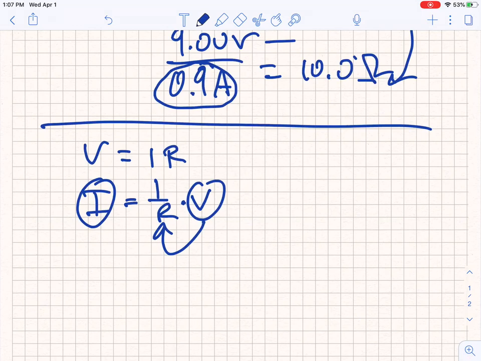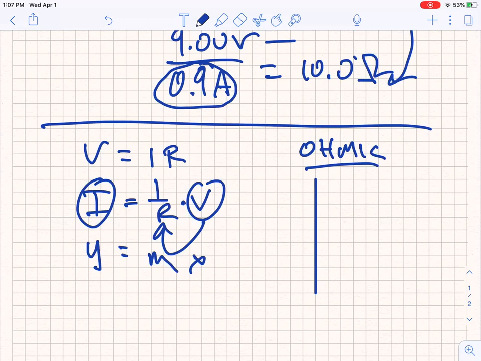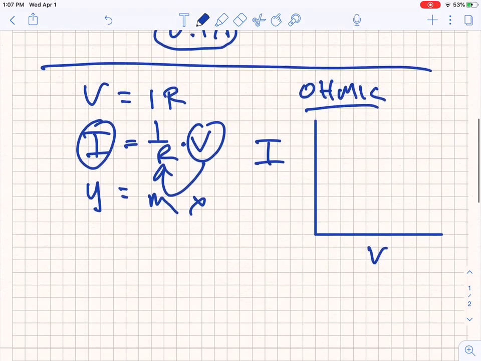So if you look at this in terms of y equals mx, if it's what we call an ohmic resistor, if you do a graph of current on the y-axis and voltage on the x-axis, okay?